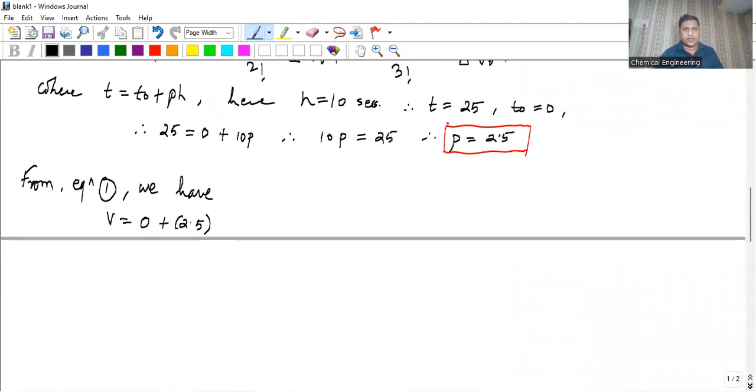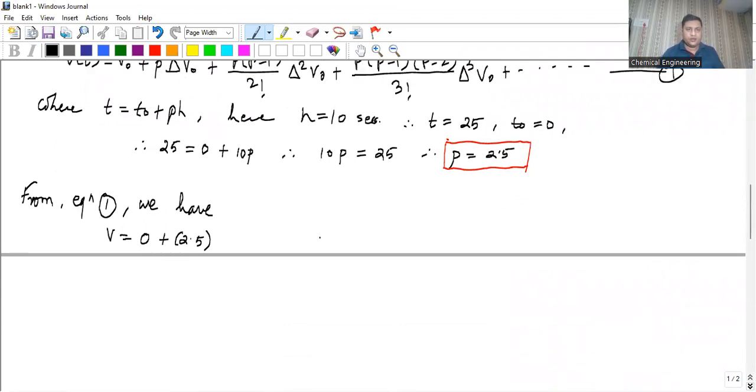So the next term we'll have here is delta v0, which is 15.